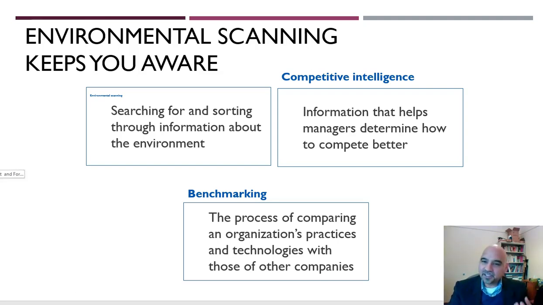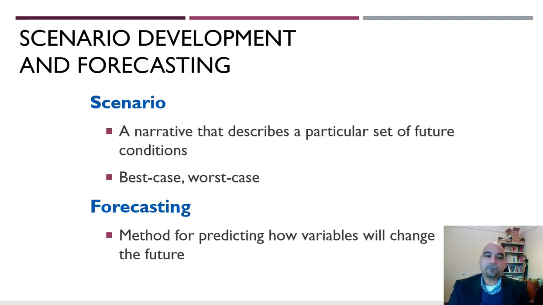You have to maintain competitive intelligence. You have to be looking at what your competitors are doing in benchmarking. Are we doing this as well as other people? Where are we getting our competitive edge or a competitive advantage, and how are we leveraging that competitive advantage using the benchmarks to our competitors?